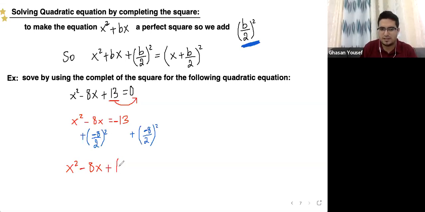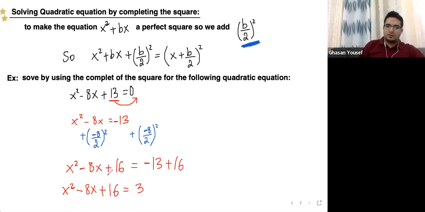So I add 16 and the right side is minus 13 plus 16, which gives me 3. So here I get x squared minus 8x plus 16 equals 3.